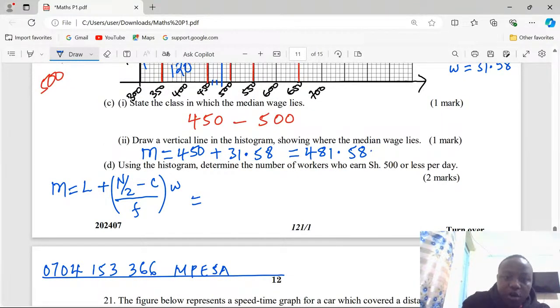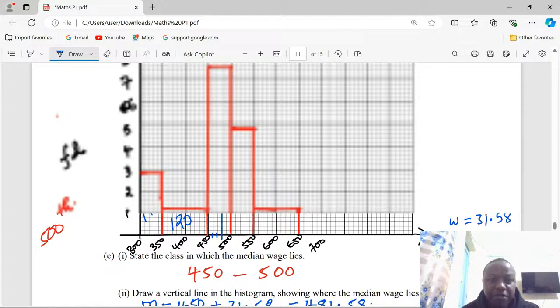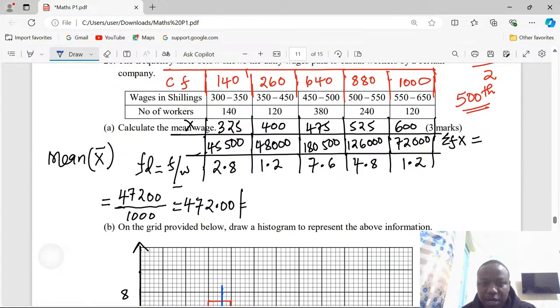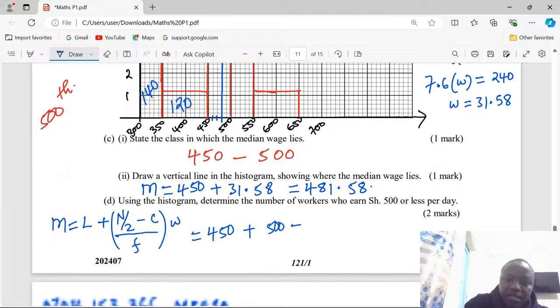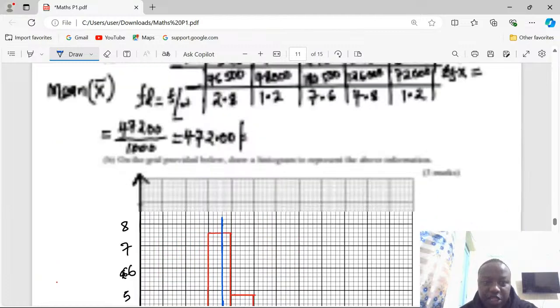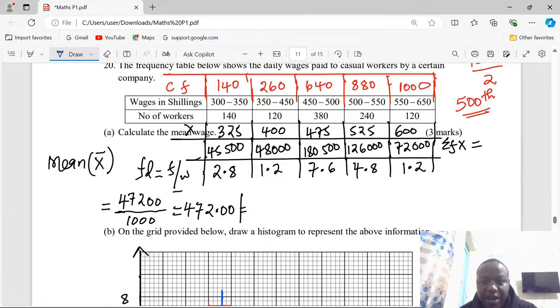So the lower boundary is 450, plus n over 2, which becomes 500 because 1,000 over 2 is 500, minus the cumulative frequency before this class, which is 260.